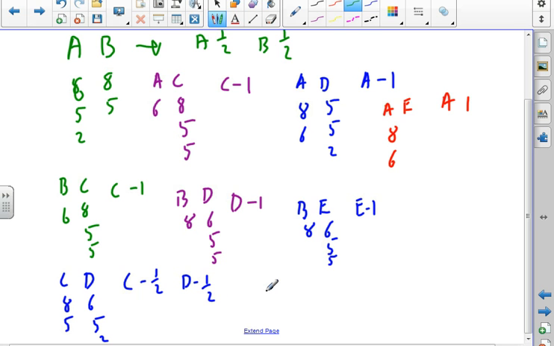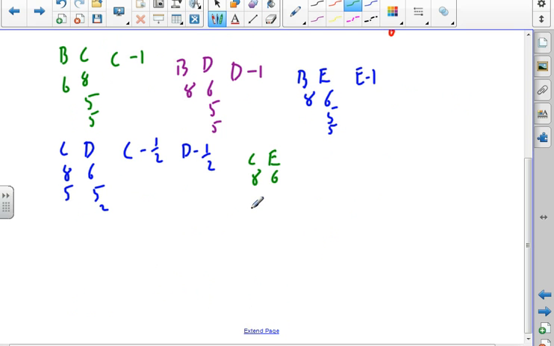Okay, and then we're going to look at C versus E. C gets 8, E gets 6, E gets 5, D gets 5, D gets 2. I think I did that wrong.